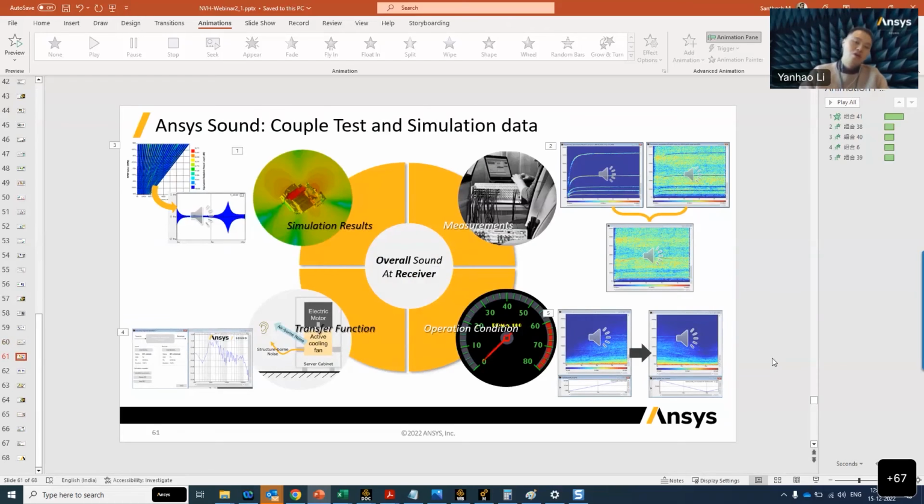This helps you understand the sound at the receiver point, the overall sound you will receive at your customer's receiver. So for example, we still look at the EXL. On the top left, we can easily listen to a simulation.